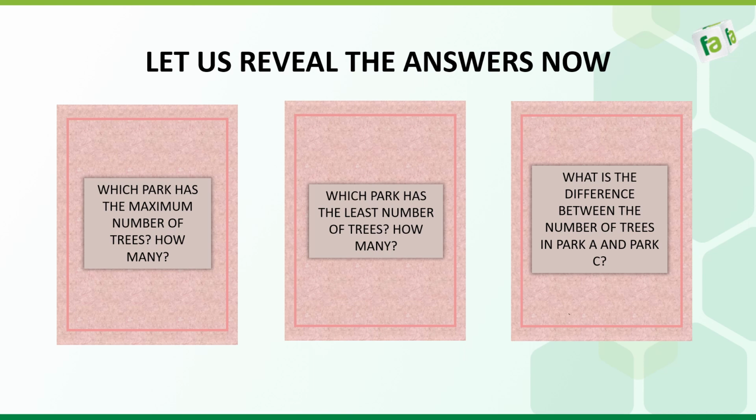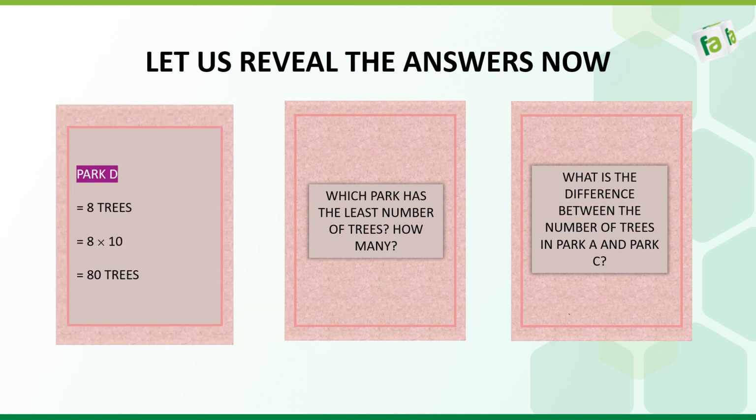We know 1 unit of tree is equal to 10 trees. So, Park D has the maximum number of trees. Park D has 8 units of trees, which is equal to 8 multiplied by 10, which is equal to 80 trees.